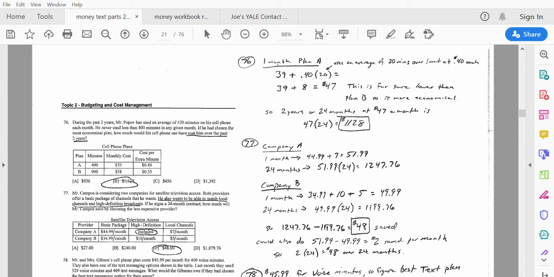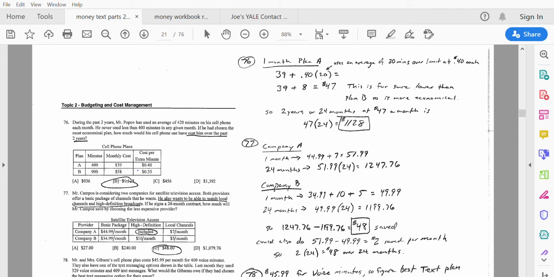So if we look here, it says 1 month for Plan A. He uses an average of 20 minutes over the limit, because Plan A includes 400 minutes. He uses an average of 420 minutes. So on average, he's going to go 20 minutes over.